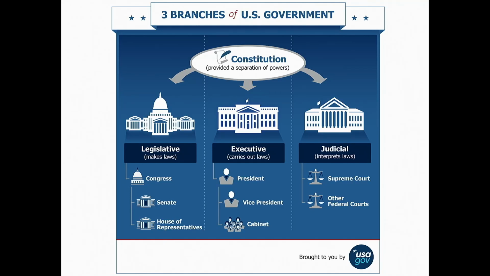Then the executive branch, which is headed by the president, but also includes all of the federal agencies, like the National Science Foundation, the Department of Energy, et cetera. Those are all under the executive branch, and they exist to carry out laws. And then the judicial branch interprets laws. So today I'm going to be talking about the interplay between the legislative branch and the executive branch.